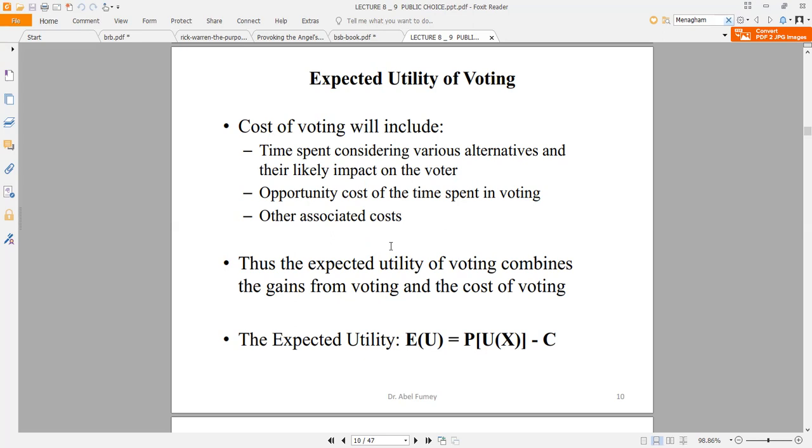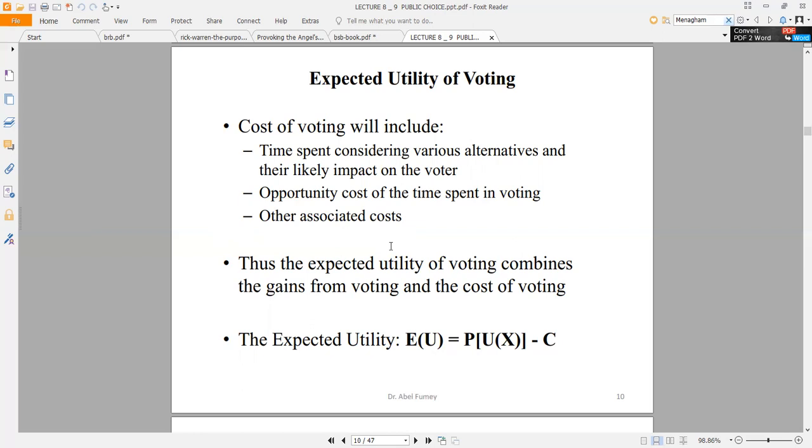One of the costs is the time that you spend considering the various alternatives and the likely impact on the voter. There's a voting process concerning a particular policy, but that is not the only policy we have. There are other alternatives. So the time that you spend thinking about all these alternatives is also considered a cost, because you are using your time there.